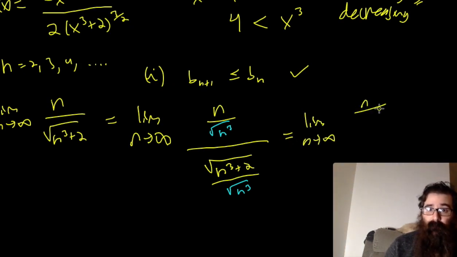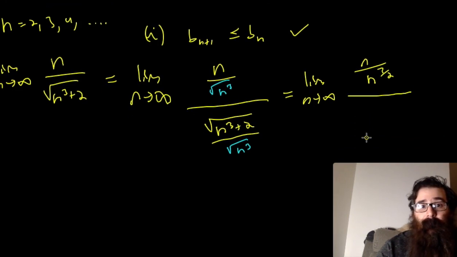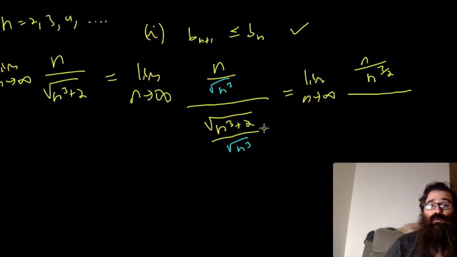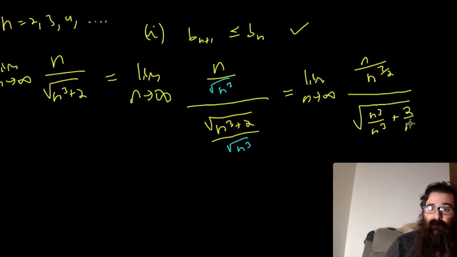Say n over n to the 3 halves for just this step, and we'll clean it up next. Divided by, here in the bottom, I can actually use the quotient property of the radical and say, well, this is going to be the square root of n cubed over n cubed, writing it all as one radical, and then plus 2 over n cubed.